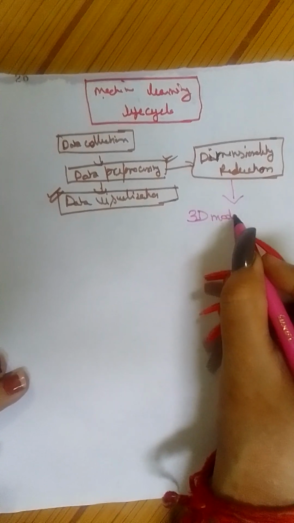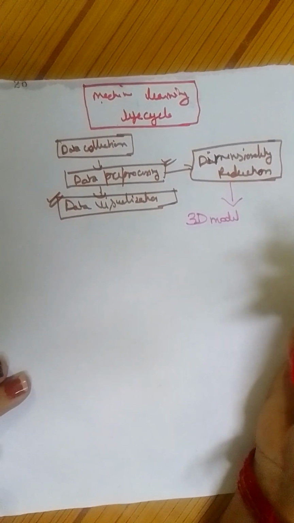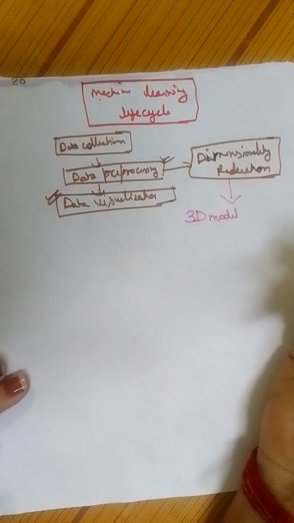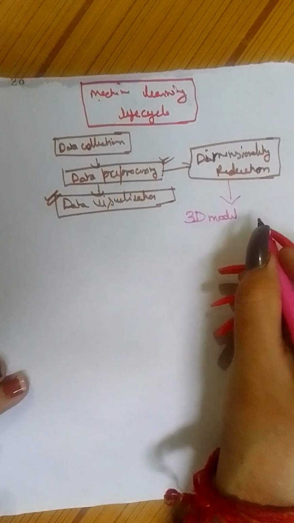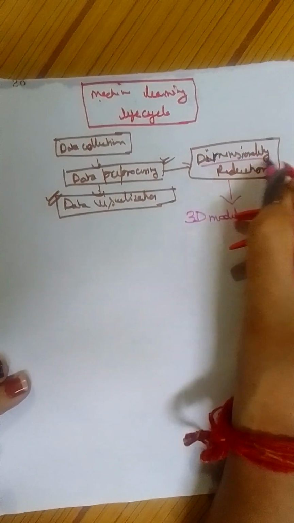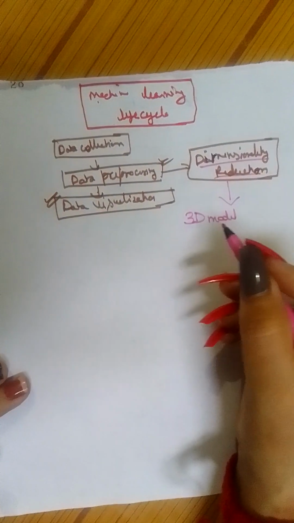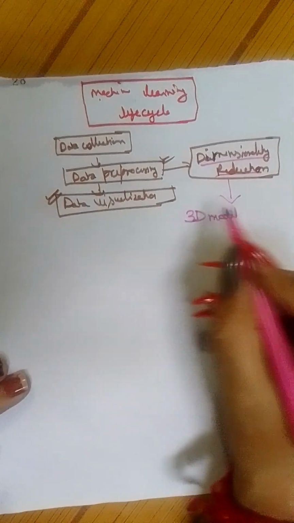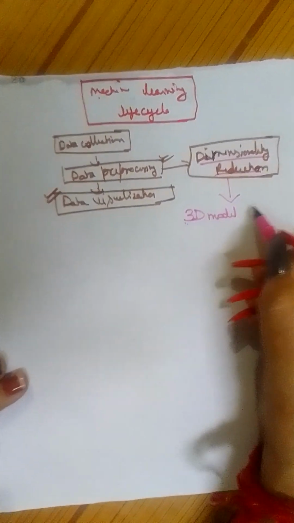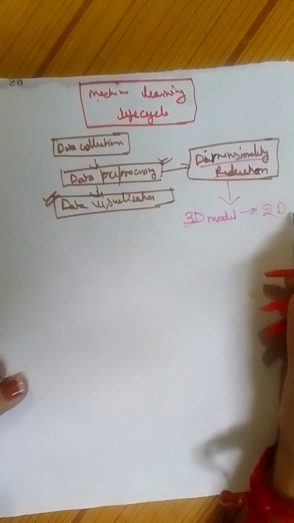You know what 3D means? You have seen 3D pictures in movie theaters. So under dimensionality reduction, what data scientists or artificial intelligence engineers do, they convert 3D model into 2D model.